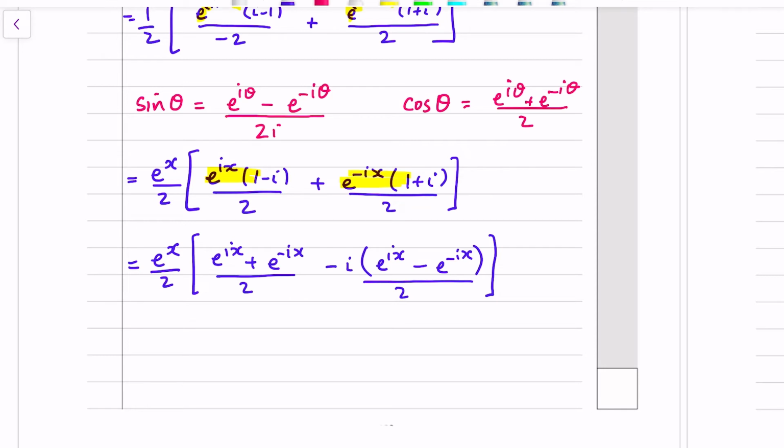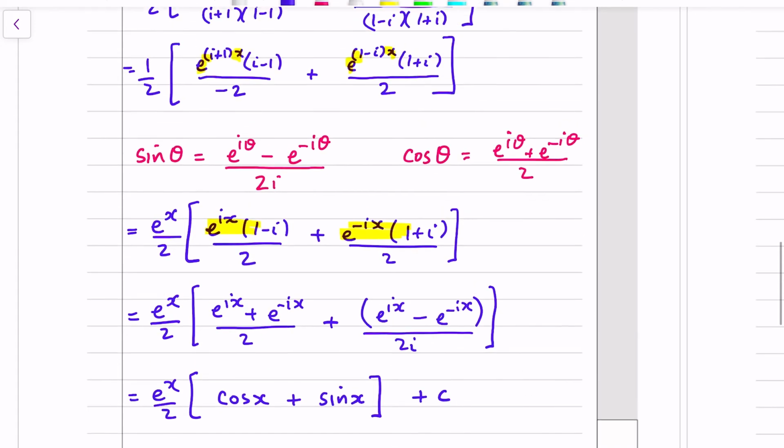As I mentioned in the earlier problem, if I times the top and bottom of that second expression by i, then it's going to be i squared in the top, which will be negative 1, so that will turn that to a plus and get rid of the i, and then we'll have an i in the denominator. So times by i over i. Okay, so that there is e to the x over 2, cos x plus sine x, and then we also need a plus c. So that there is the integral of that expression.